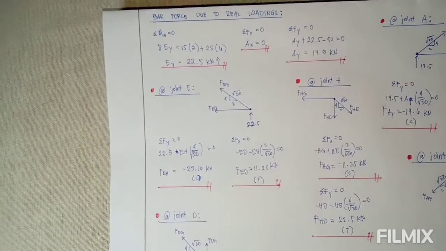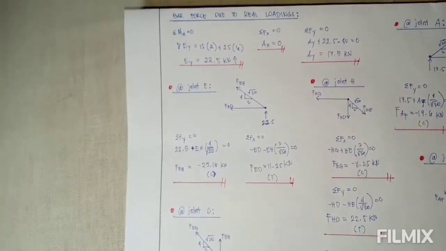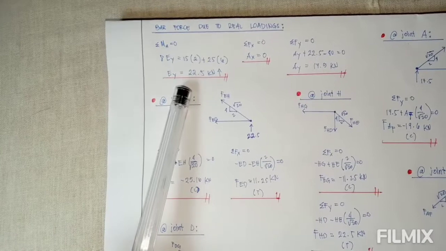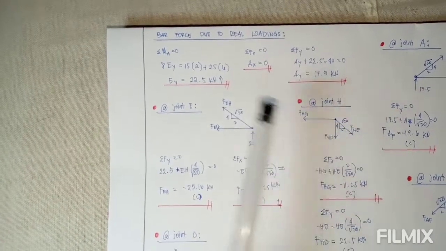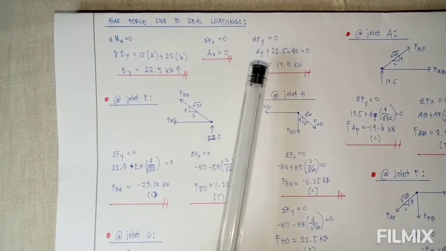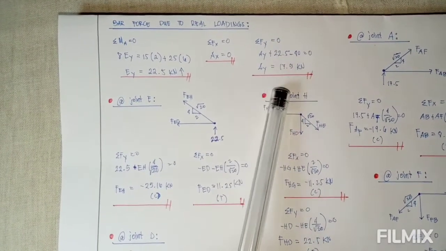We need to find first the remaining reactions, which are EY, AX and AY for the pin support at A.